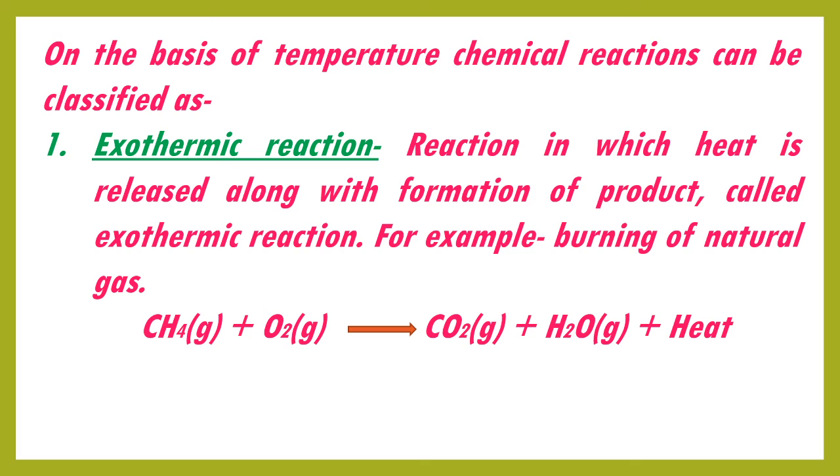First is exothermic reaction. A reaction in which heat is released along with formation of products is called exothermic reaction. For example, burning of natural gas. When natural gas is burned in the presence of oxygen, it gives carbon dioxide, water, and heat is released.